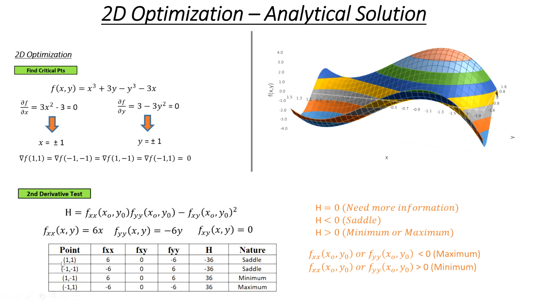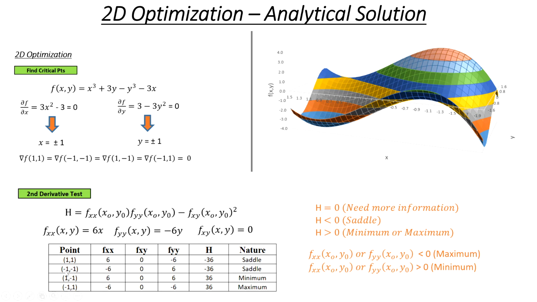So let's take the point (1, 1). If you take (1, 1), fxx is 6, fyy is negative 6, and fxy is 0. So basically this is 0, and if we multiply 6 by negative 6, we get negative 36.